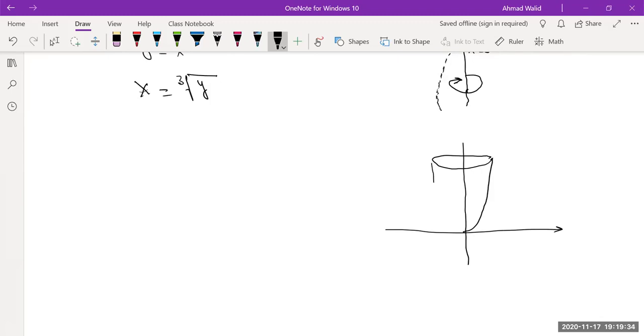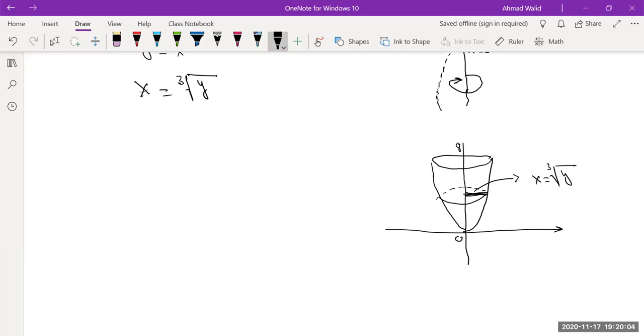I will get a shape like this. And this one will be my cross section, correct? This radius is actually x equal cube root of y. Here you have 0, here you have 8.